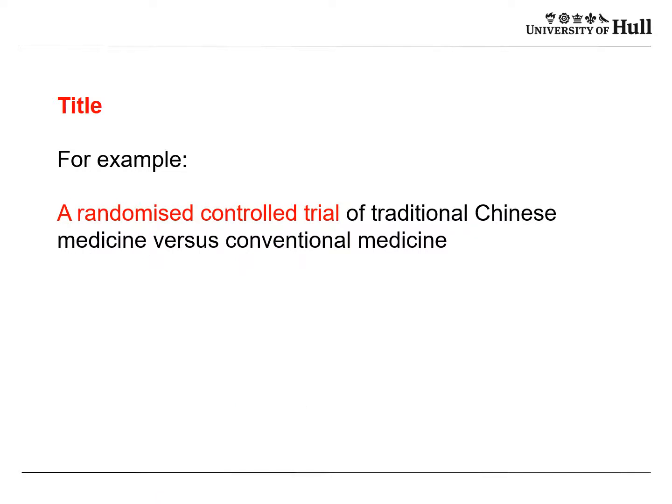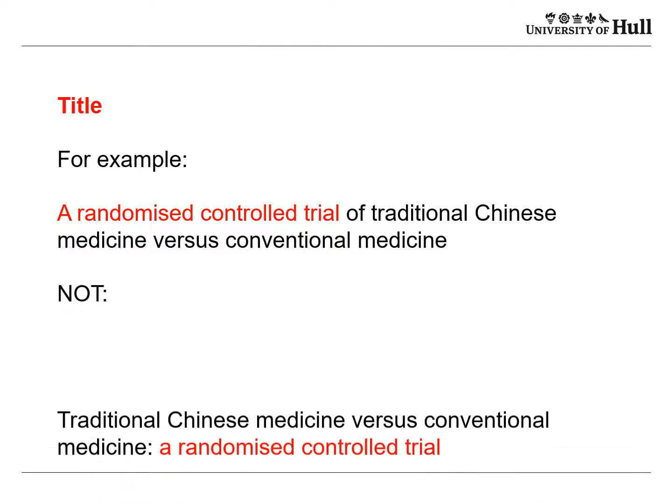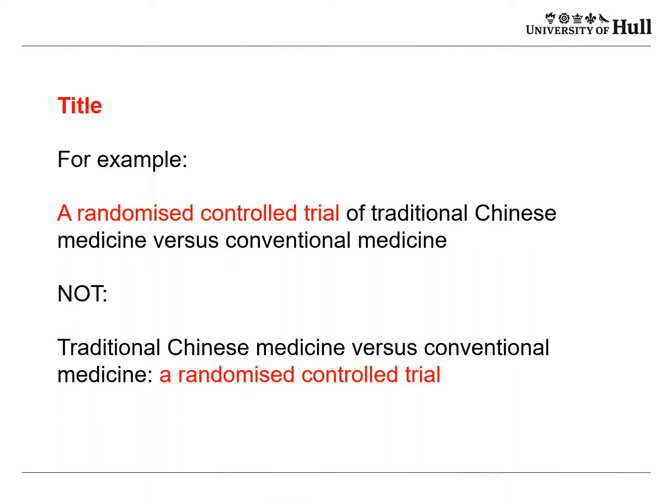Another example would be a randomized controlled trial of traditional medicine versus conventional medicine. This is considered to be better than traditional Chinese medicine versus conventional medicine, a randomized controlled trial. These things make the paper easier to find, especially in the online environment.